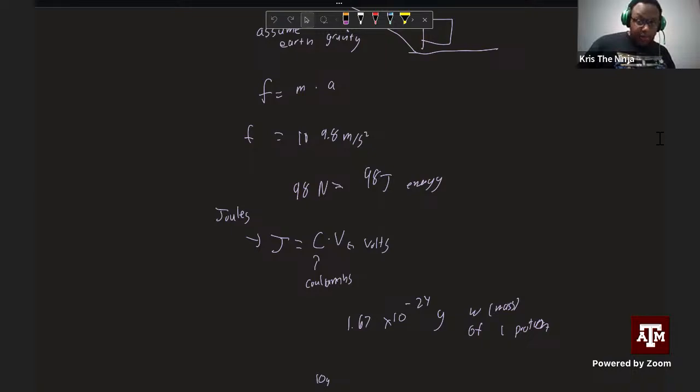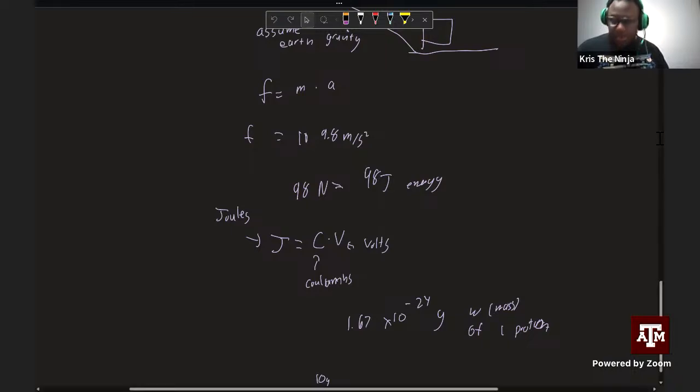That's how many protons would be in the block if it was a strictly positive block. That gives us our charge because each proton is worth 1 singular charge.